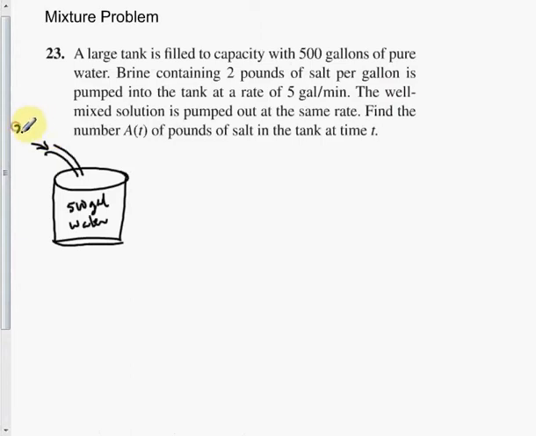So here, 2 pounds of this salt mixture is pumped in, and the rate by which it's pumped in is said to be 5 gallons per minute. And then it says the well-mixed solution is then pumped out at the same rate.